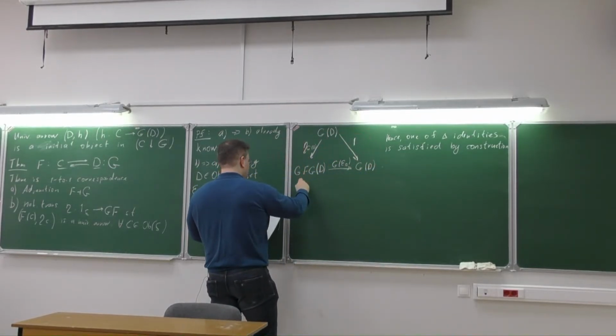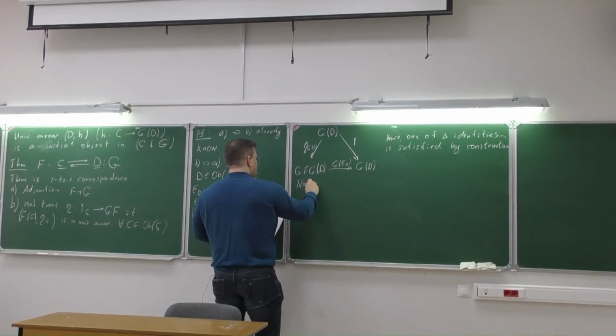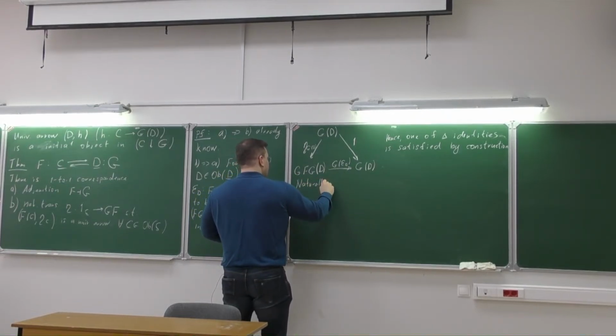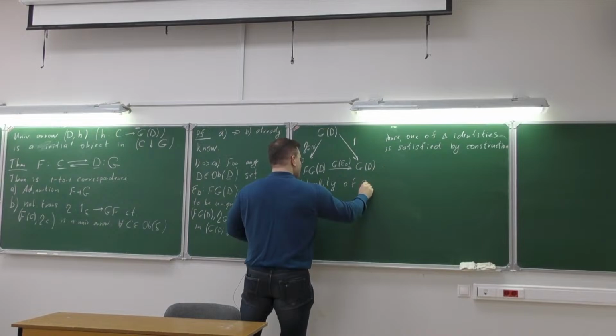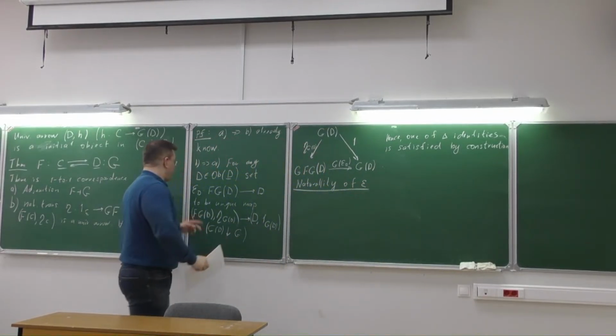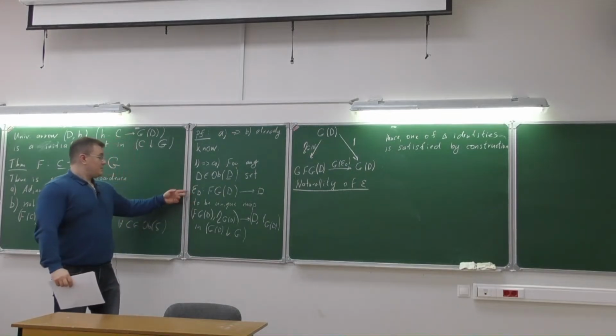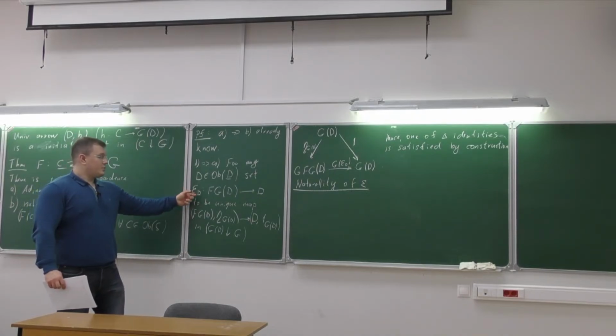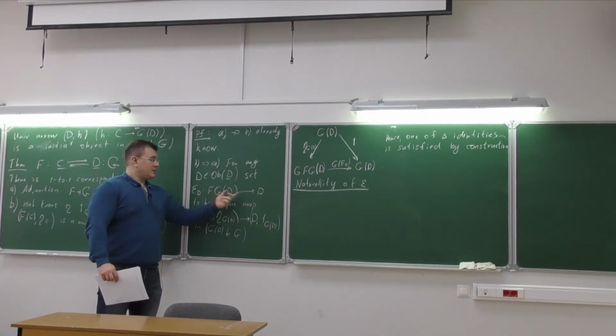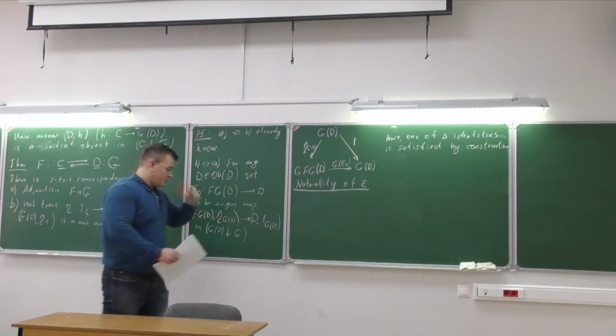So first step is: I want to know that it's not just a map for each given object. I want to know actually that epsilon, all such components together, form a natural transformation between this composition of functors and the identity functor. So this is the goal of the next step.